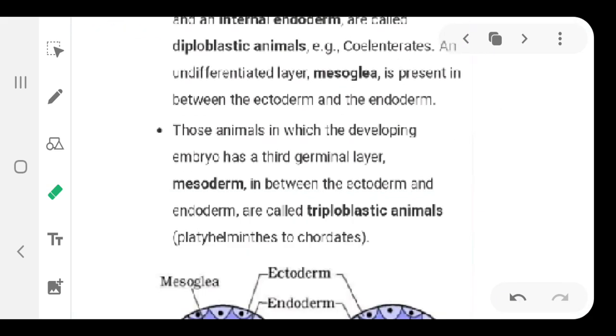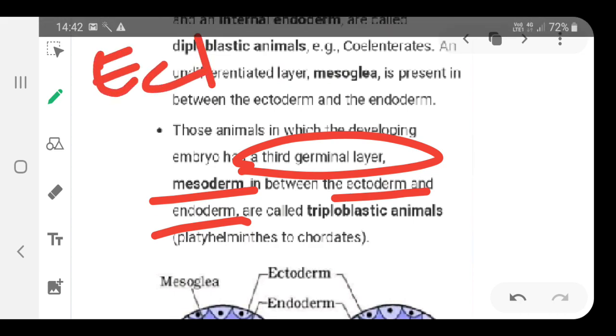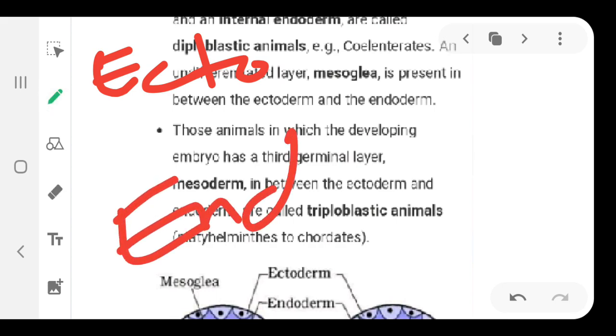But in the case of other animals, they have a third germinal layer, called mesoderm, in between ectoderm and endoderm. We have already read that one is ectoderm, the outermost layer, the second is the endoderm, the innermost layer, and the third one in between is called mesoderm.